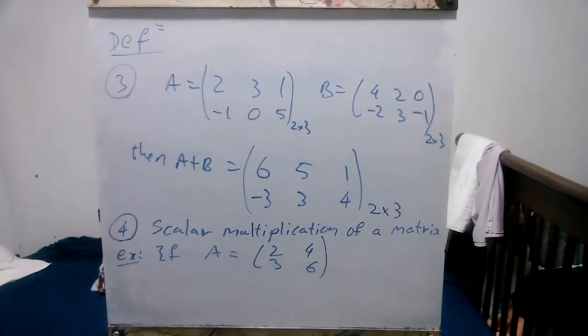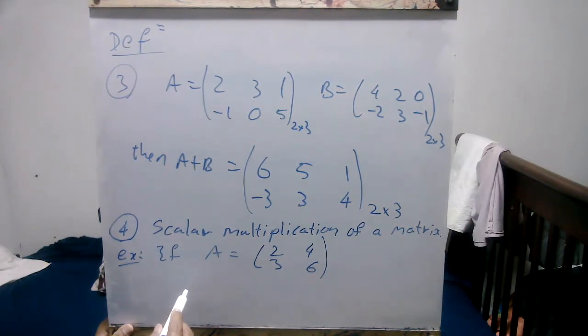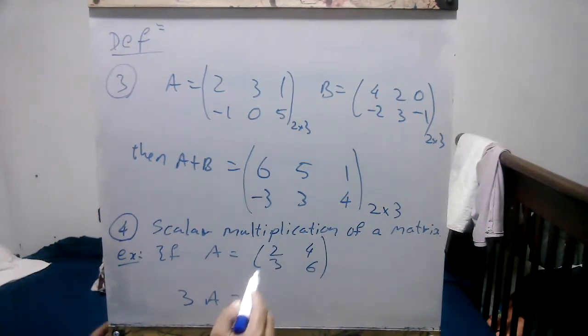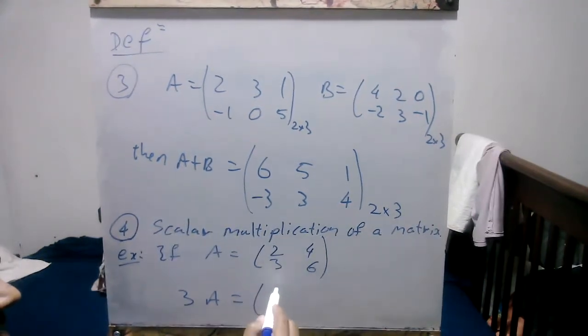If you want to multiply this A by any number, say you want to find 3 times A, 3A equals, you multiply each element by 3. 3 times 2 is 6.